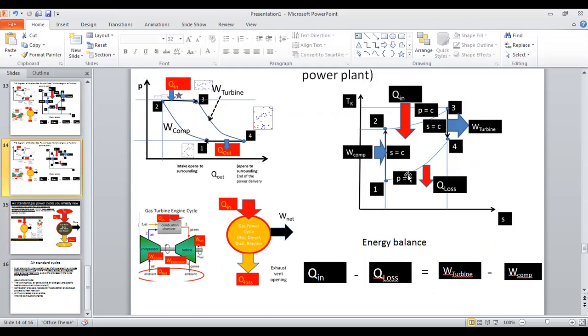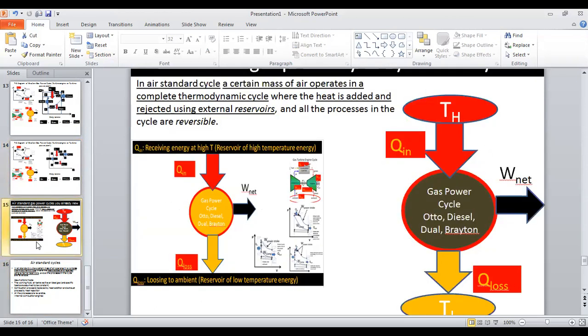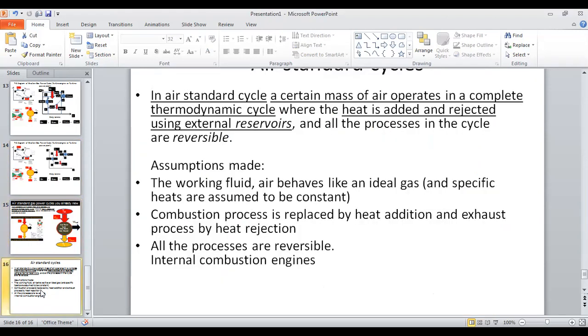Reversible means there is an equilibrium with the reservoir, in this case either the low temperature or the high temperature one. So this is very nice.